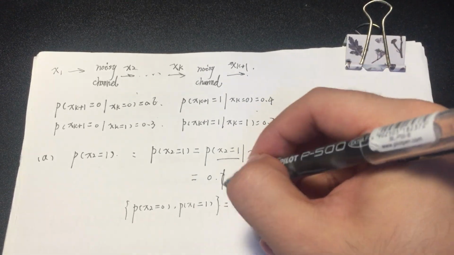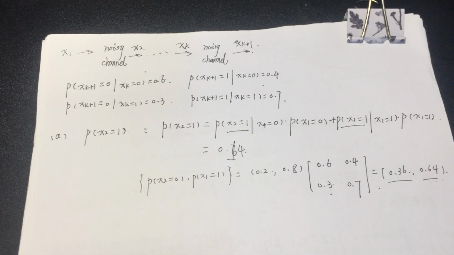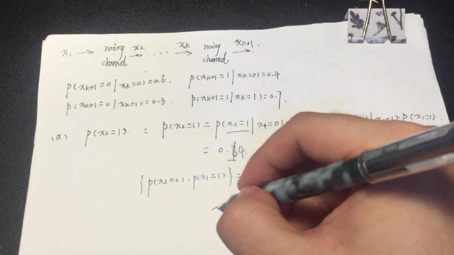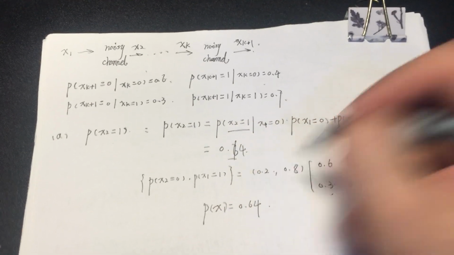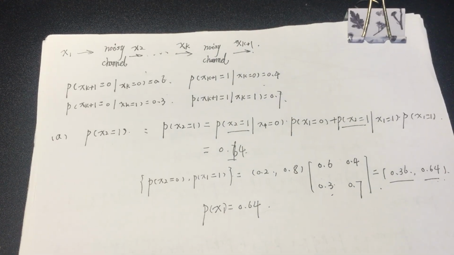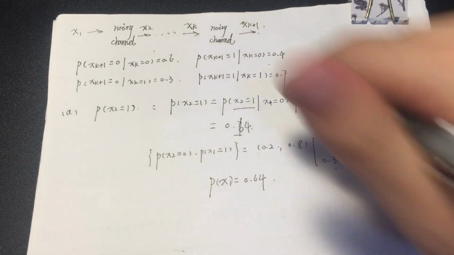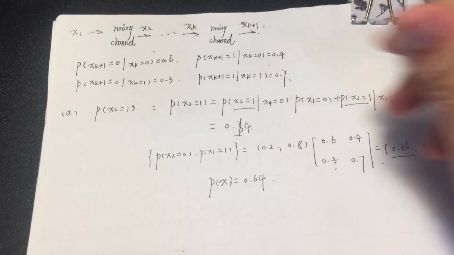Oh sorry, this should be the same. So we can write P(x2 = 1) equals 0.64. Right. Let's go to the next question.